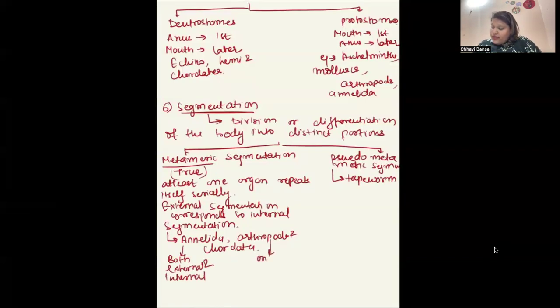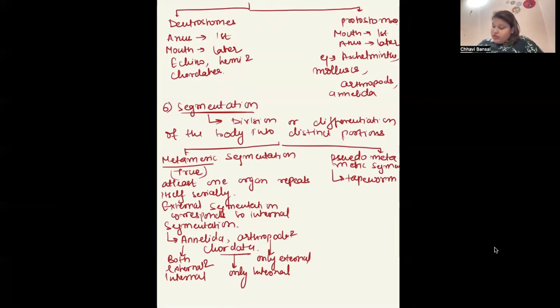Arthropoda has only external, and Chordata has only internal segmentation. Like us, we are also chordates, right? We have our ribs. Ribs are serial repetition of the same thing, right? We have ribs, blood vessels, nerves, vertebrae. All these make the segmentation.